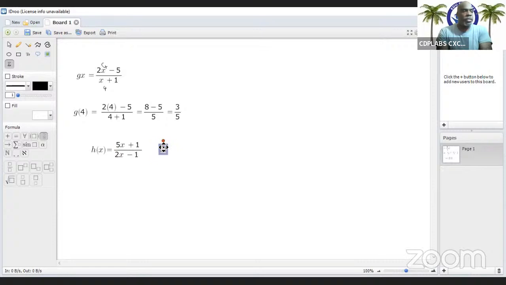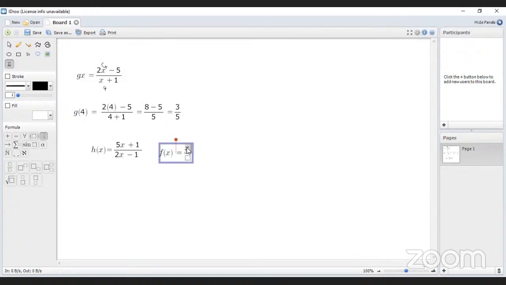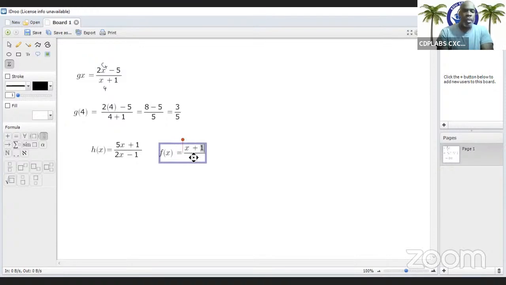And the other one is f of x is equal to x plus 1 divided by 2x minus 5. So now they're asking you to show that h of f of 3 is equal to 3.